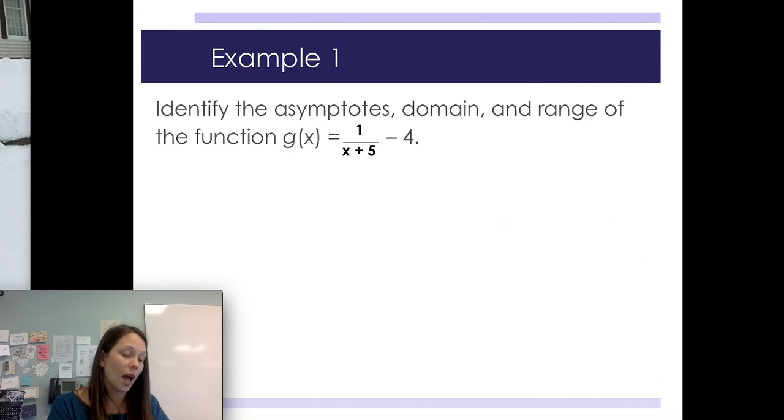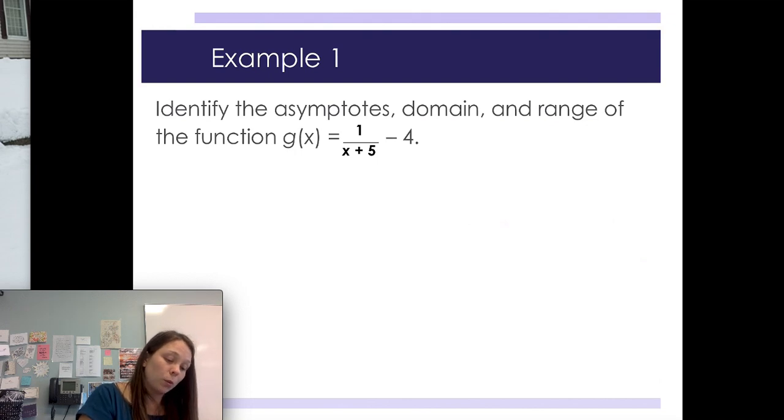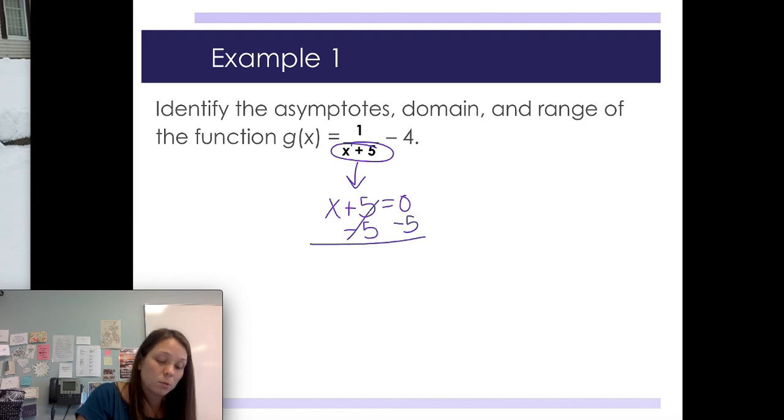So example 1, identify the asymptotes, domain and range of the function g of x equals 1 divided by x plus 5, and then all minus 4. So what we're going to do here is recognize that we are not allowed to divide by 0. So if we take this denominator and set it equal to 0, I subtract 5, and I get negative 5.